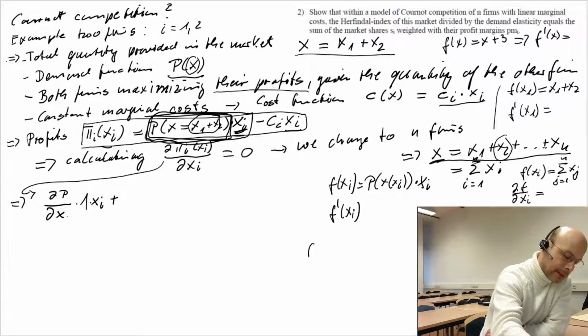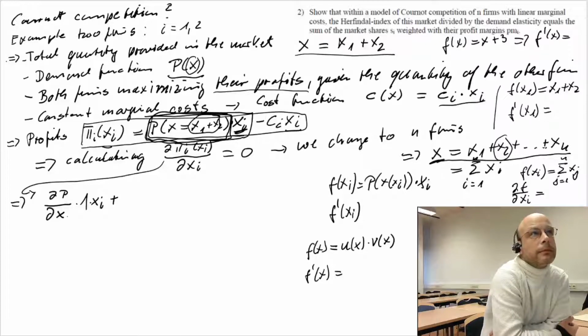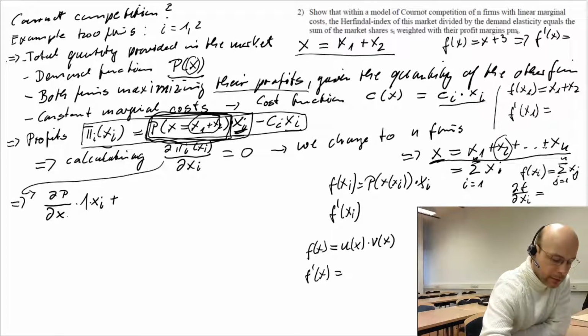Product rule, let's say f of x is u of x times v of x, then f prime is u prime times v plus u times v prime.